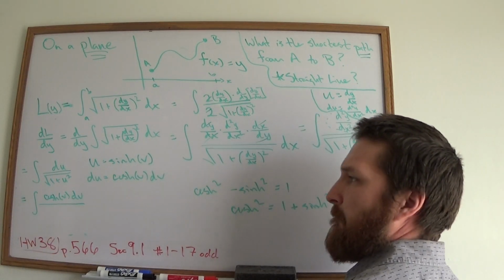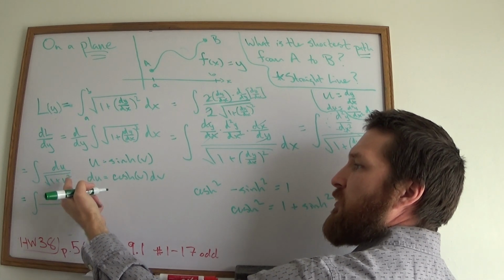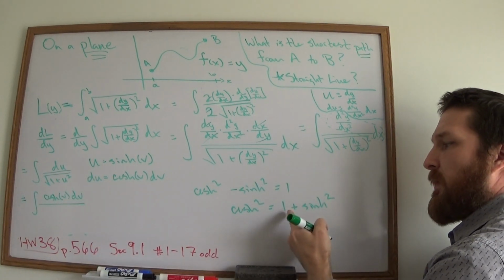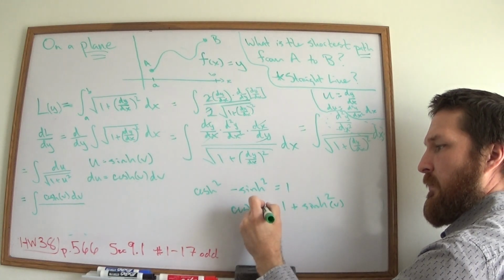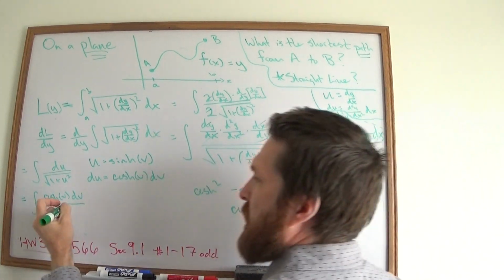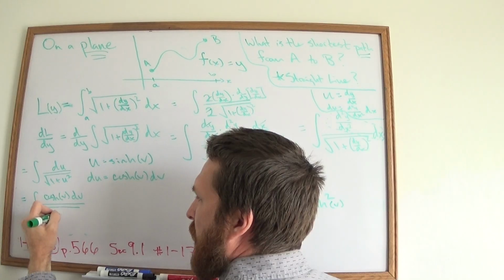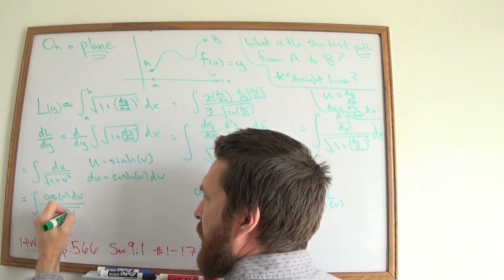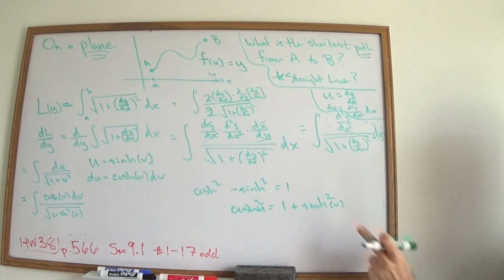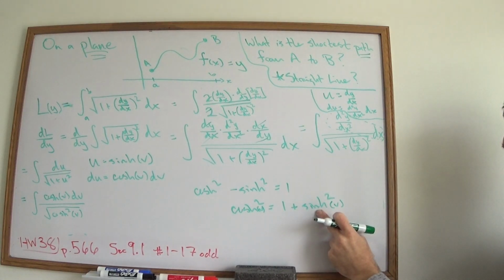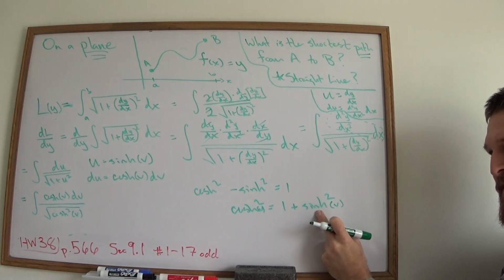You got that? 1 plus u squared is the same thing as 1 plus sinh squared. So this is just the square root of cosh squared v, because 1 plus sinh squared. Oh, and everything cancels.